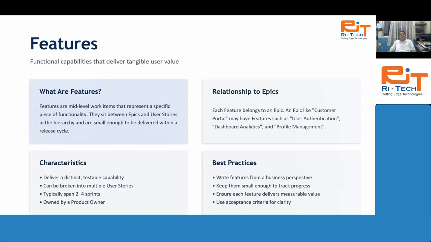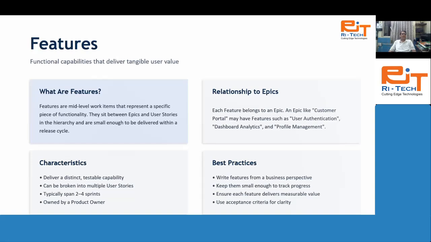So features are small deliverable items. What is the relationship of features with epics? Each feature belongs to an epic, and an epic like a customer portal may have features like user authentication, dashboard analytics, and profile management.